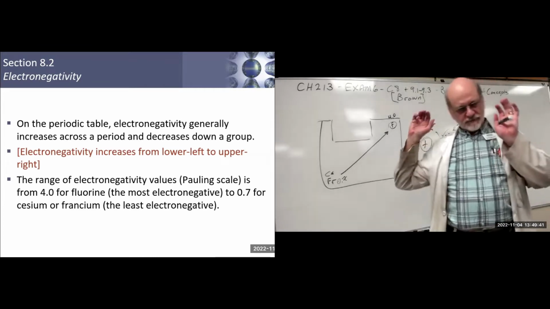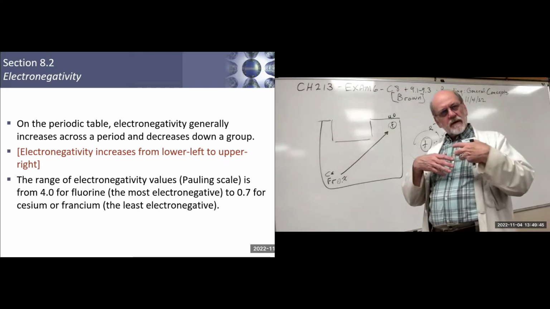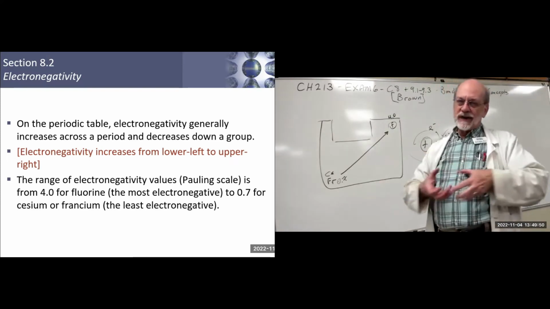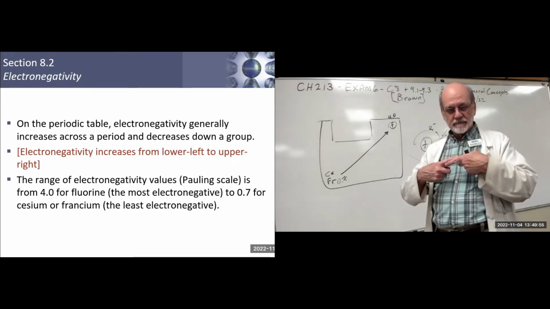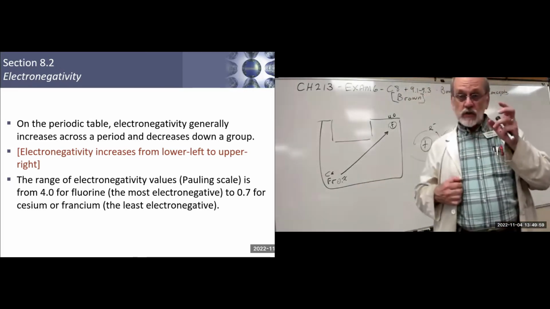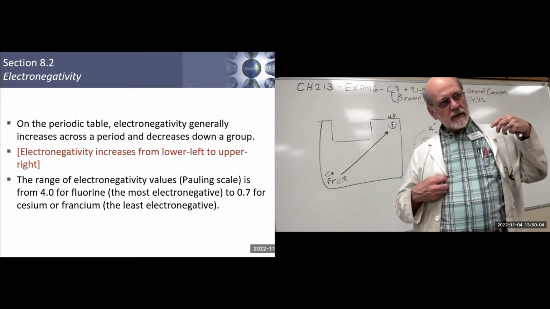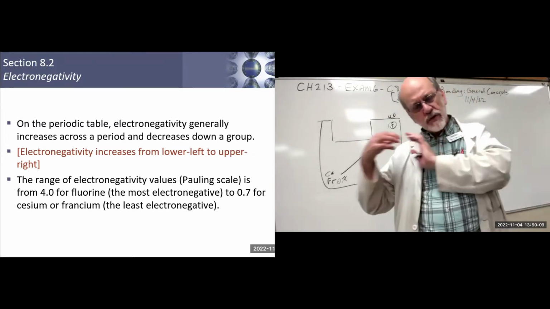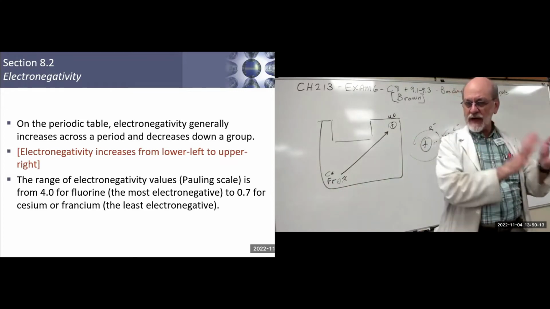Okay, so electronegativities express the tendency for an atom to draw electron density toward itself while it's in a covalent bond. But we can use that information to draw some conclusions about whether the bond is purely covalent or only has some ionic character or is ionic.